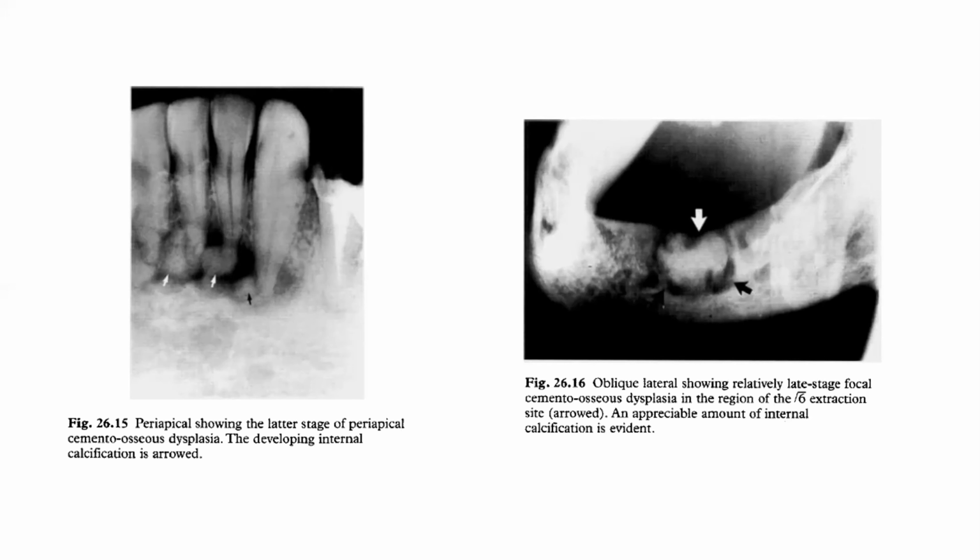We have also focal cemento-osseous dysplasia, which is seen on the right radiograph. It is usually a solitary fibrocemento-osseous lesion that occupies a portion of the spectrum between the periapical and florid cemento-osseous dysplasia. It usually occurs in adults between 40 and 50 years.